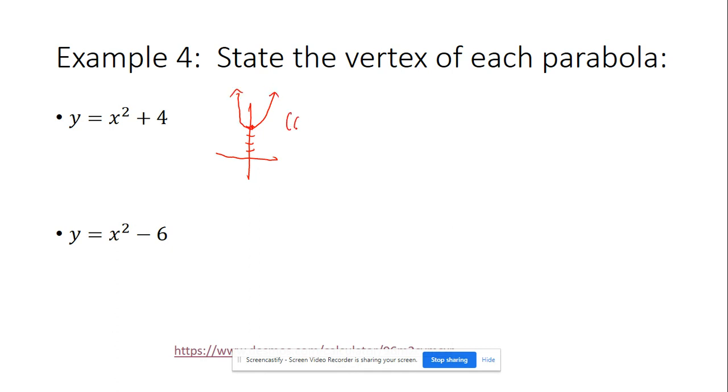So our vertex is (0, 4). In this case, 1, 2, 3, 4, 5, 6. Our vertex is here, and our graph is opening up like that. So this vertex is (0, negative 6).